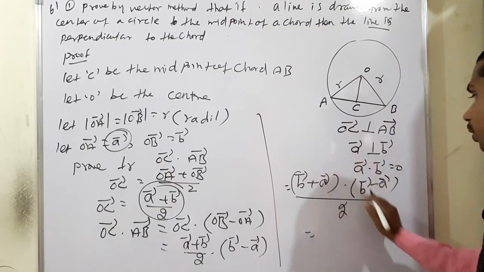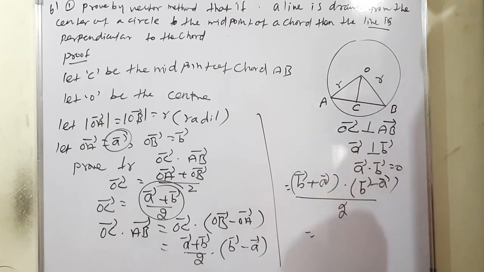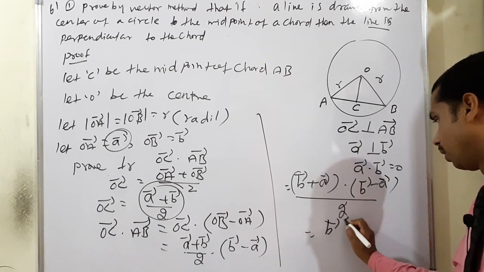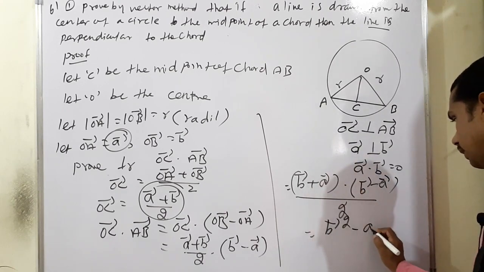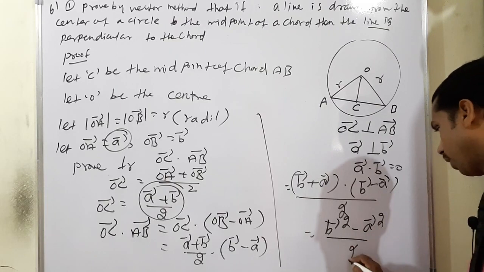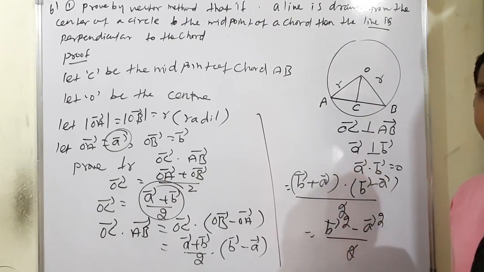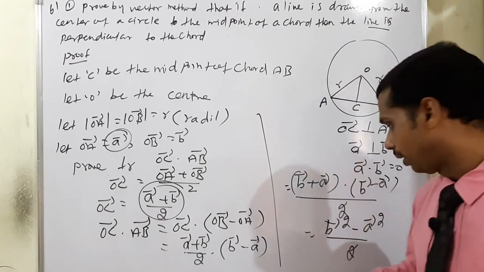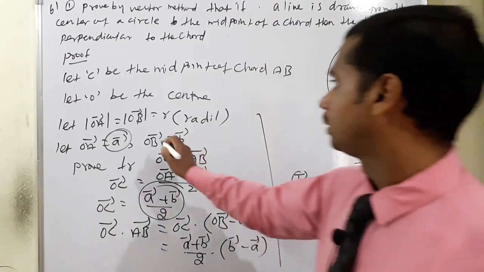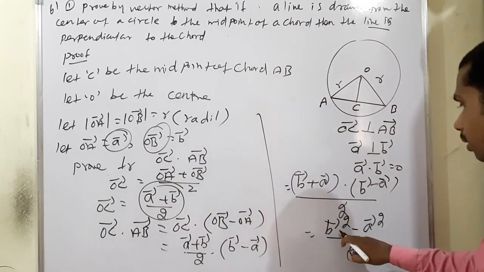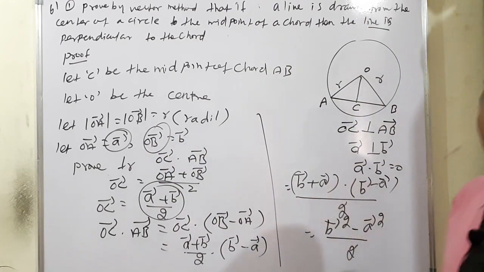Numerator is in the form A plus B into A minus B, therefore we can write B vector square minus A vector square divided by 2. If you take square, we can write it without vector also: B square minus A square. Next step, we know B vector means OB vector, therefore OB vector square minus OA vector square.